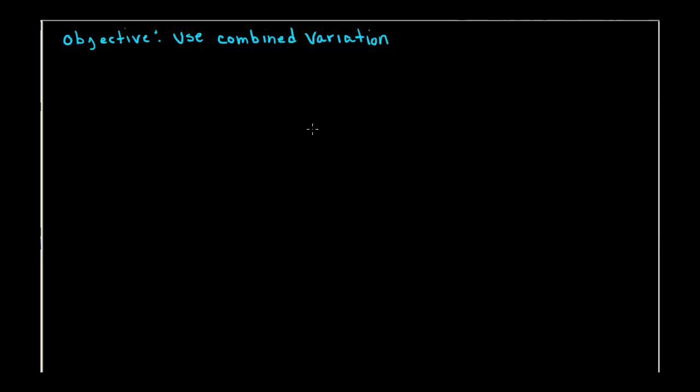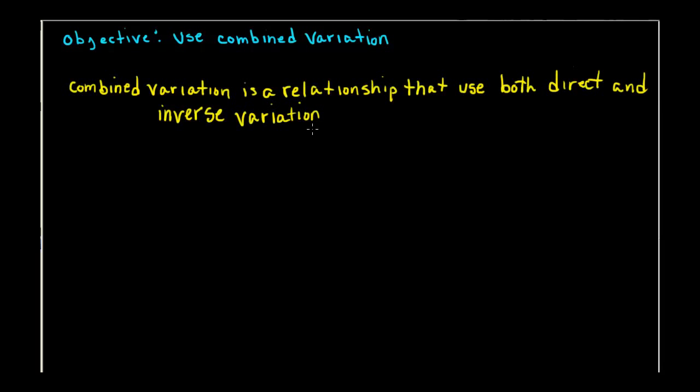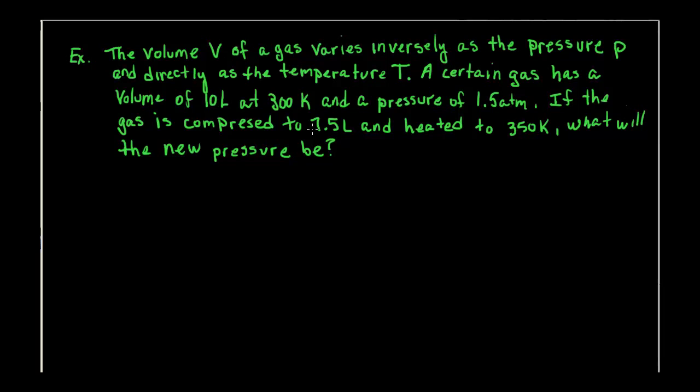Our objective for this part of the lesson is to use combined variation. Combined variation is a relationship that uses both direct and inverse variation. Let's look at an example.